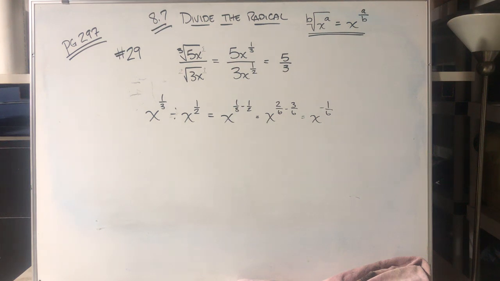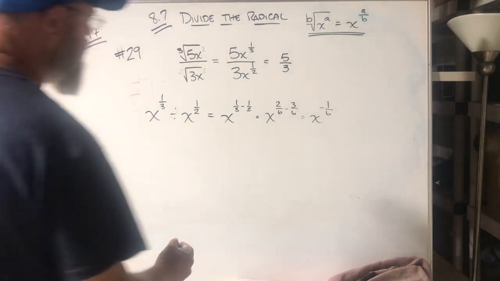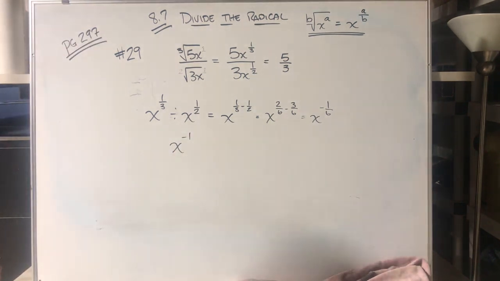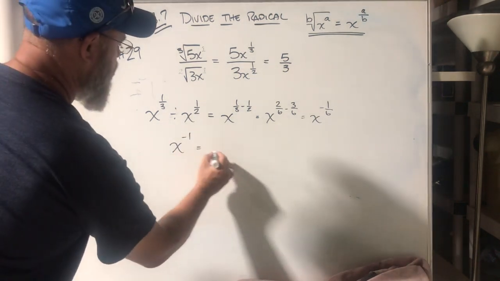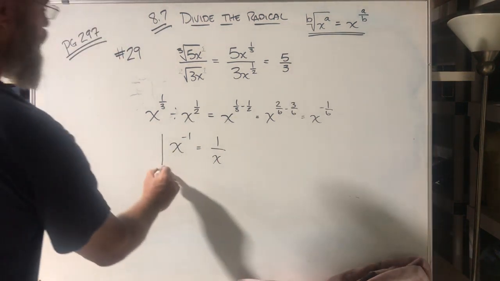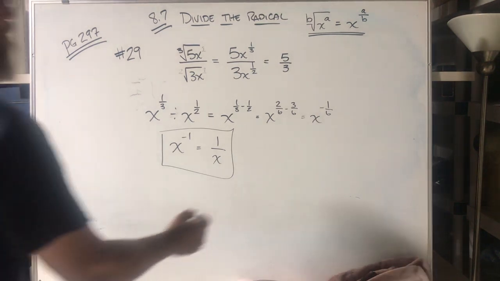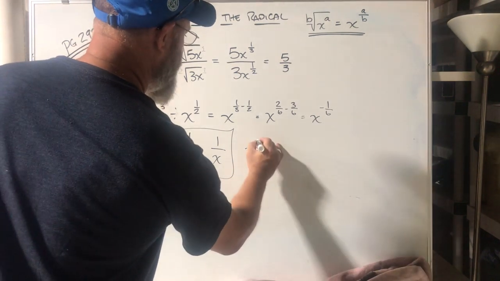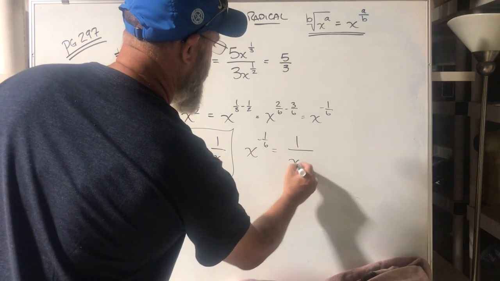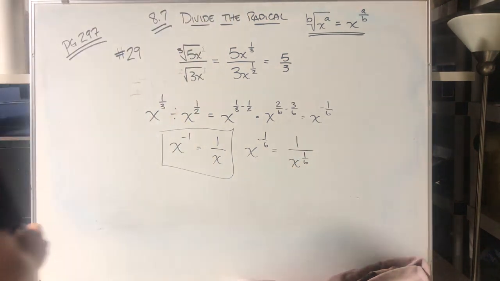Now, x to the negative 1 over 6, remember, x to the negative 1 is what? 1 over x. All right, that was a rule that we learned. So if we have x to the negative 1 over 6, that equals 1 over x to the positive 1 over 6.